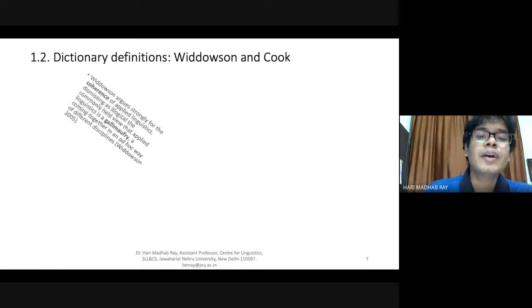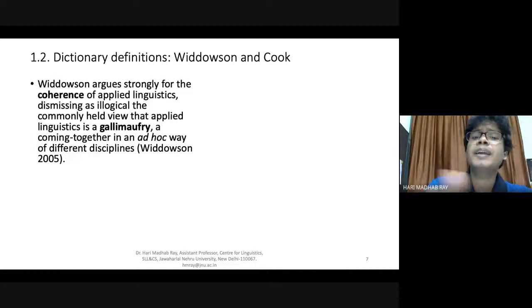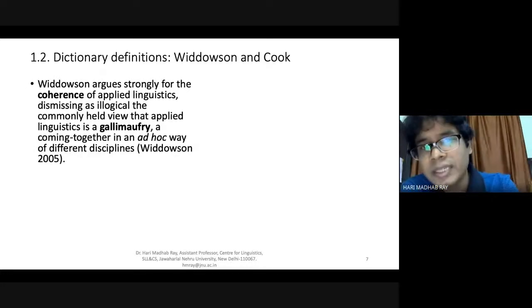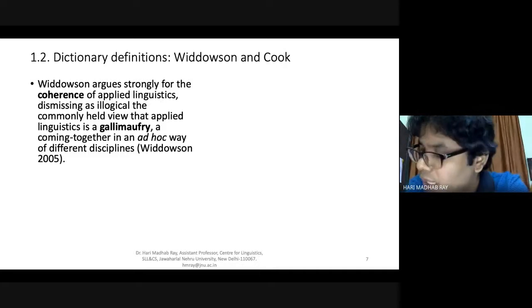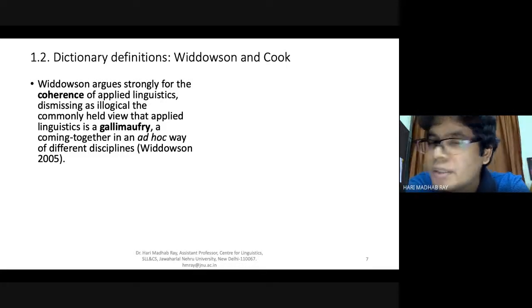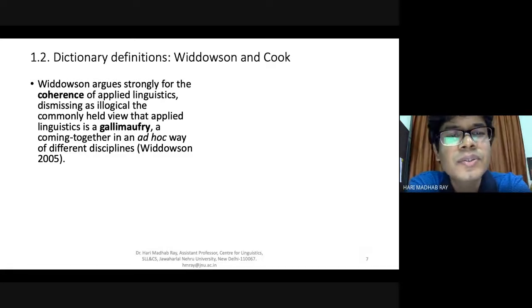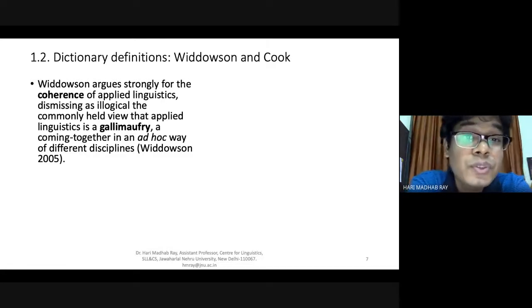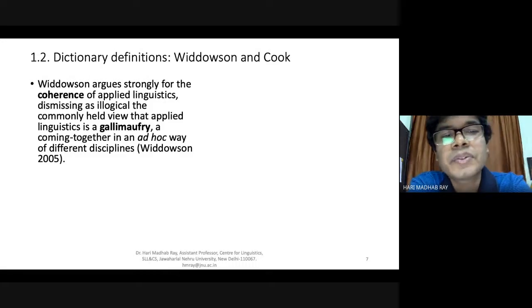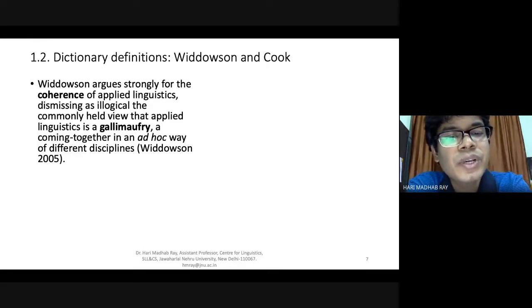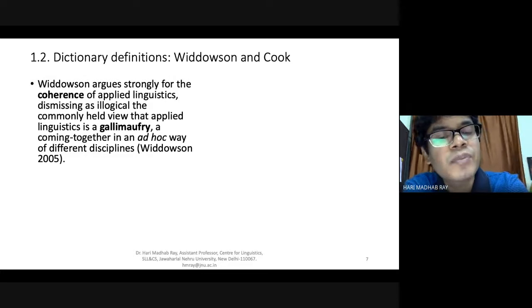Okay, now this is where the position is more like a direction of what applied linguistics should be. Widdowson, Guy Cook, and others. Widdowson argues strongly for the coherence of applied linguistics, dismissing as illogical the commonly held view that applied linguistics is a gallimaufry, a coming together in an ad hoc way of different disciplines.